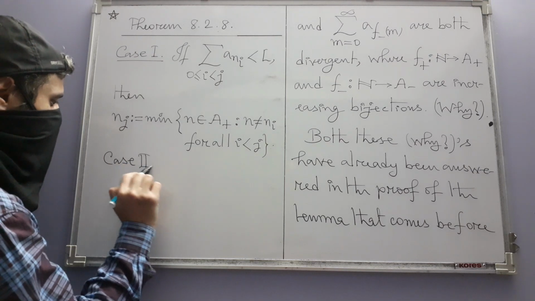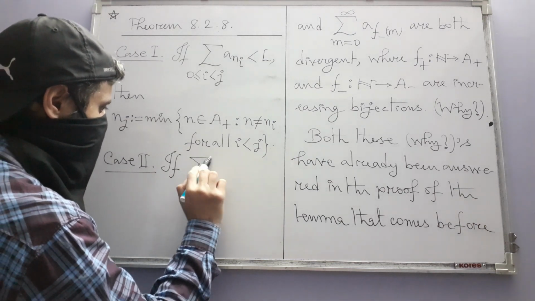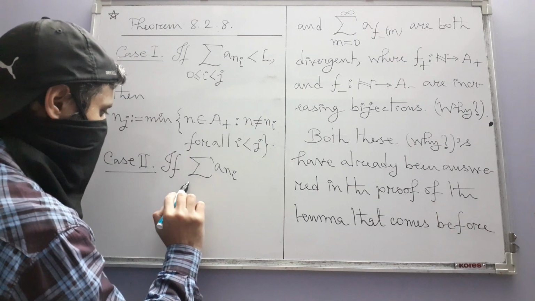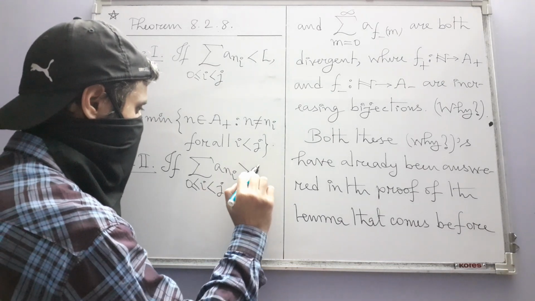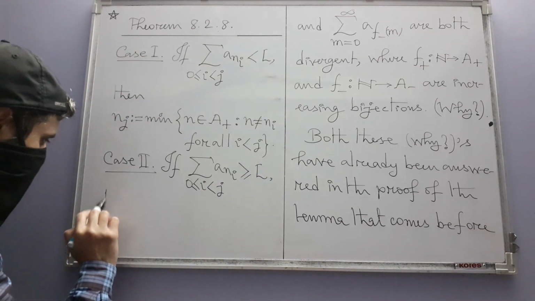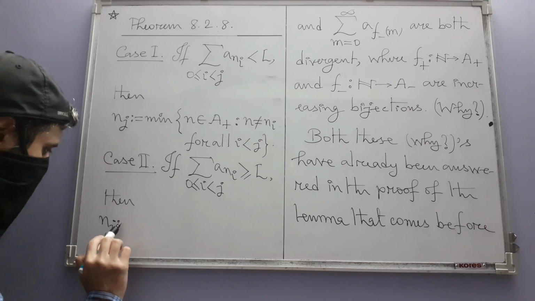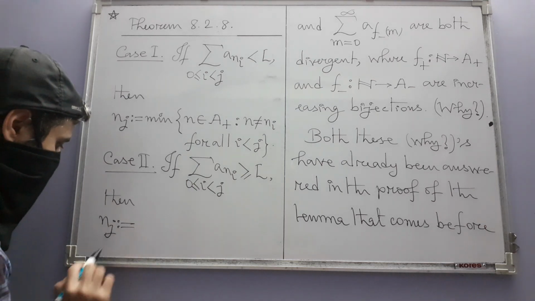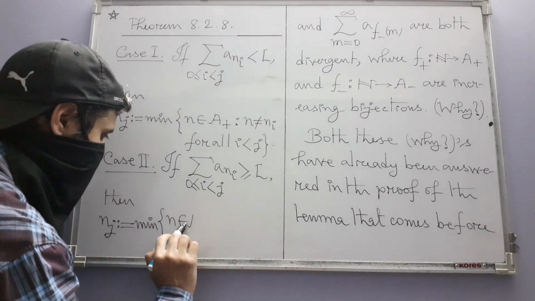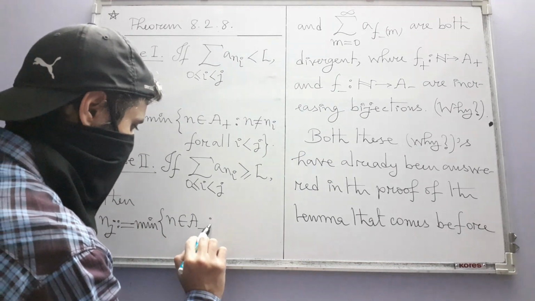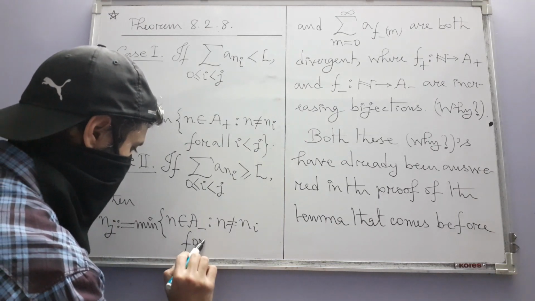And case 2 is just this: if that same sum is greater than or equal to L, then N_j is defined to be equal to the minimum of all those elements in A minus for which that same condition is true.